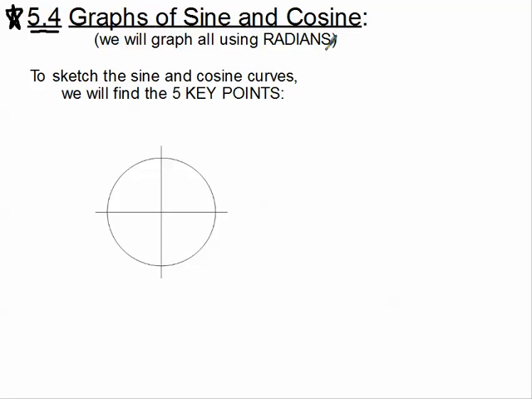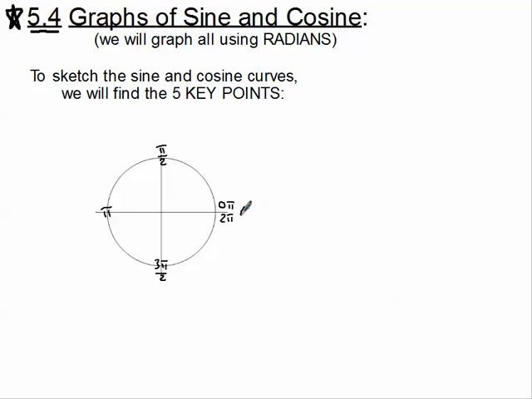To sketch the sine and cosine curves, we're going to find 5 key points. And I believe the easiest way to find those 5 key points is at the 5 easiest angles along the unit circle: 0 pi, pi over 2, pi, 3 pi over 2, and 2 pi, which I know is the same thing as 0 pi.